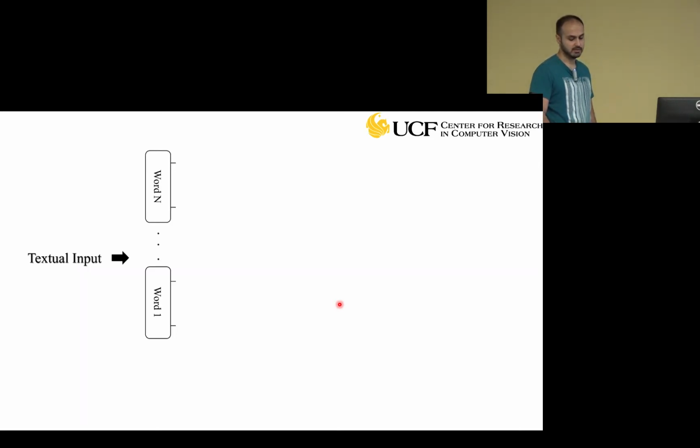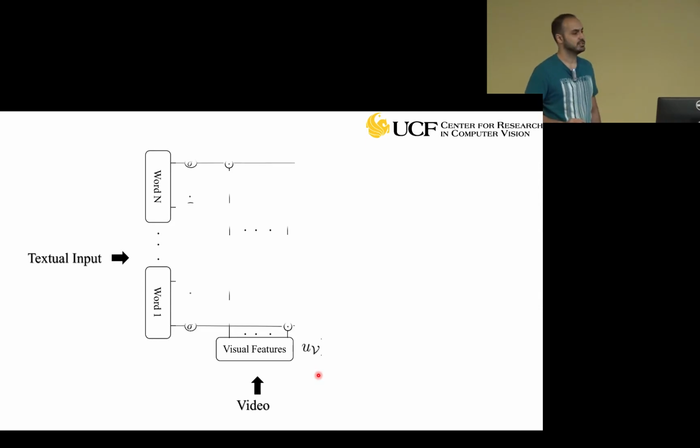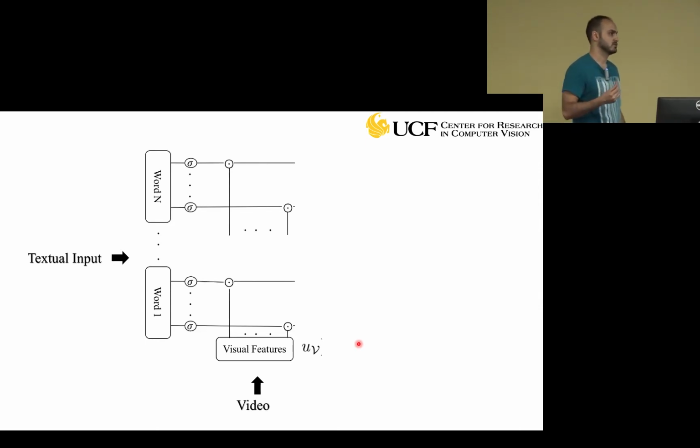So given a textual input word 1 to word n, and the visual input, the visual features, we name it u of v, we gate the visual features with each word. So it's like we change the visual feature based on each word, because some words like cat or dog have a simple appearance model.